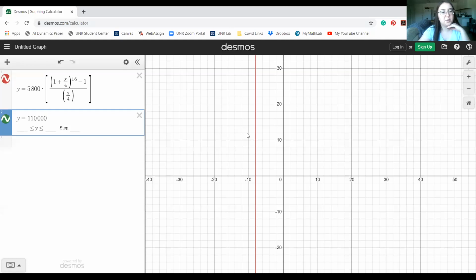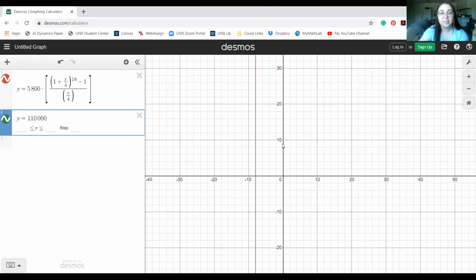All right, so now we're on Desmos, and I have inputted our equation that we were working with. And then also we're going to set y equal to 1,100,000 since we want to see when these graphs are going to cross, so we know what interest value we can find at $1,100,000.